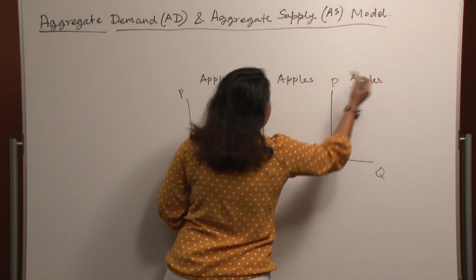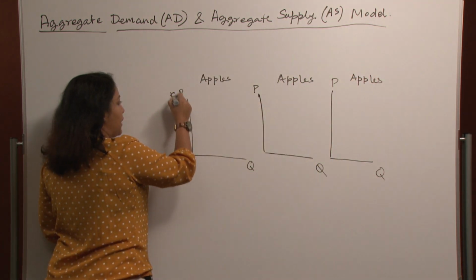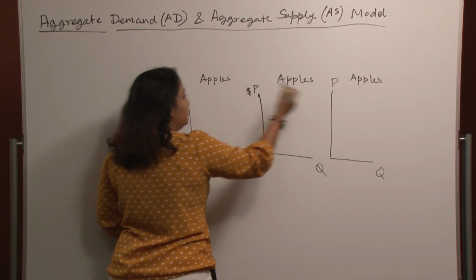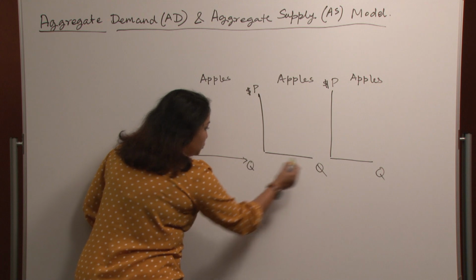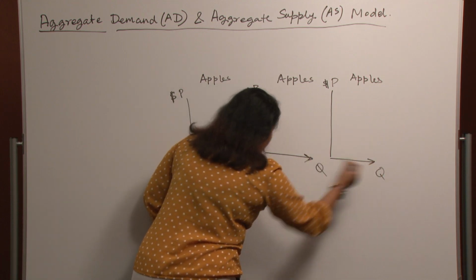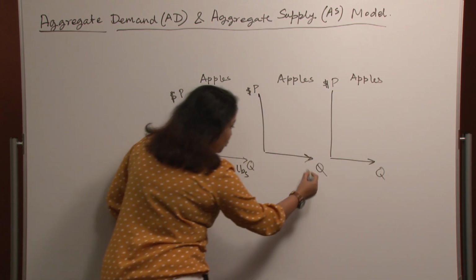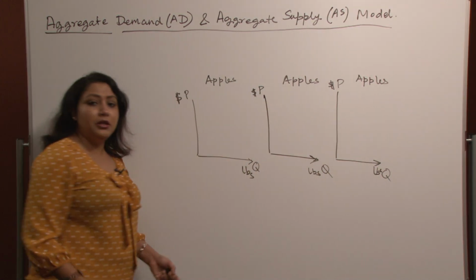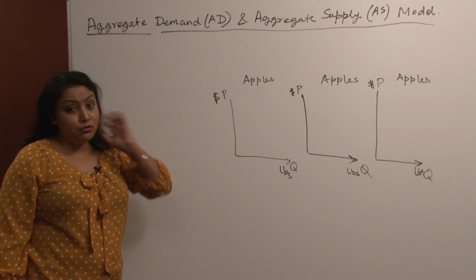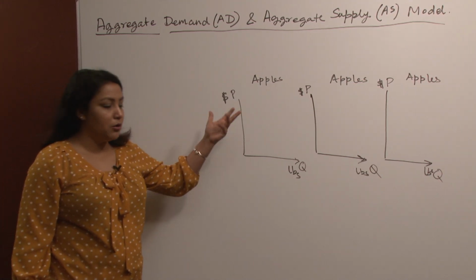So, on the y axis we had the dollar price of apples. So, we had dollars here, and here we had quantity in units of apples. So, maybe pounds, whatever units apples are measured in. It could be one apple, two apples, or it could be 1 pound, 5 pounds, or whatever.